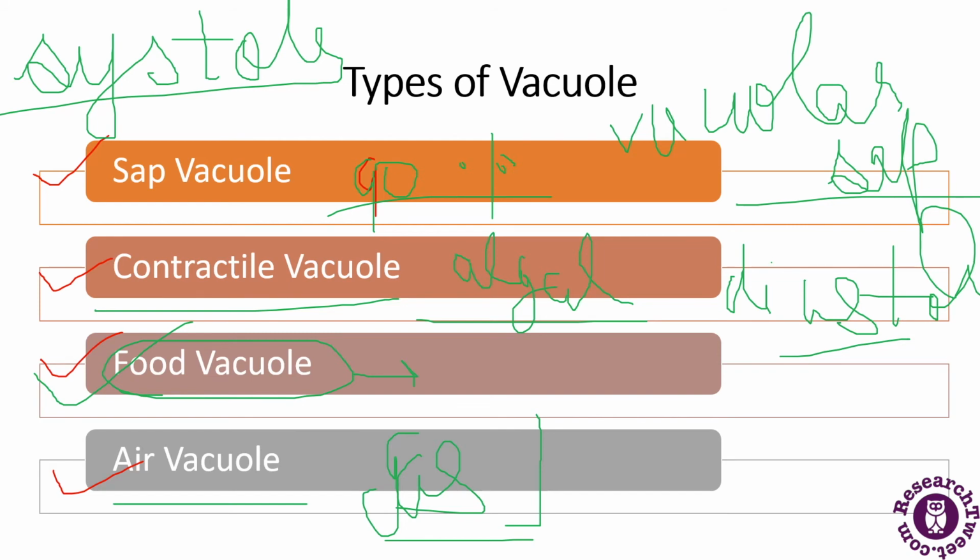It consists of a number of smaller submicroscopic vesicles, and each vesicle is surrounded by a protein membrane and encloses the metabolic gases. Air vacuoles not only store gases, but also provide buoyancy, mechanical strength, and protection from harmful radiation. This is the main function of the air vacuole.